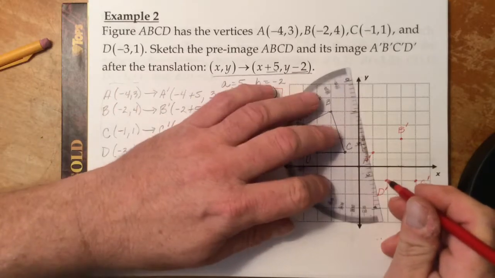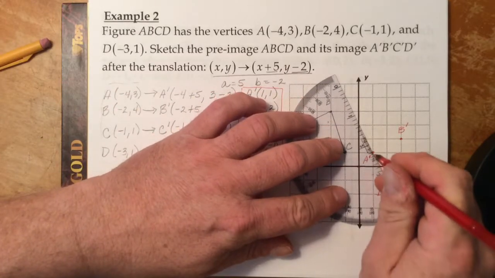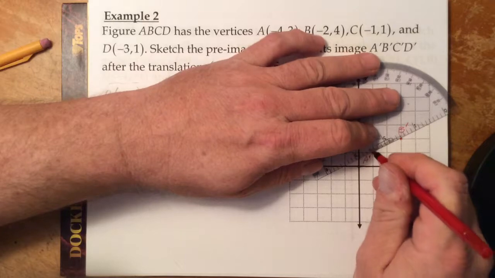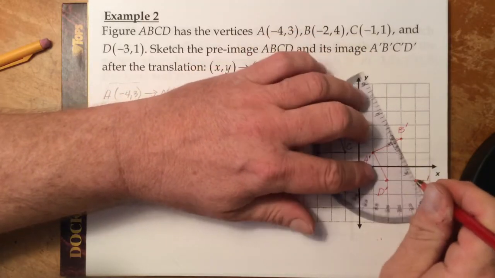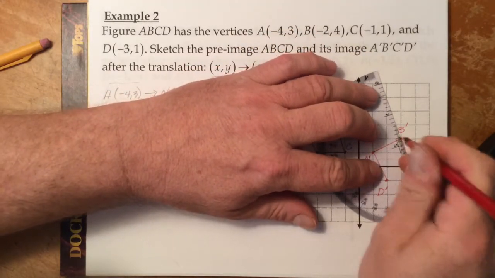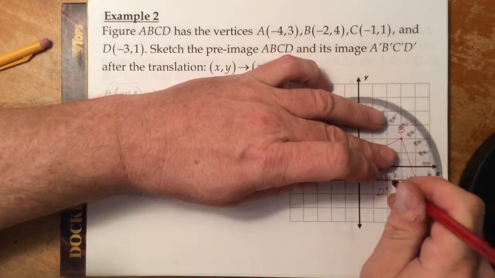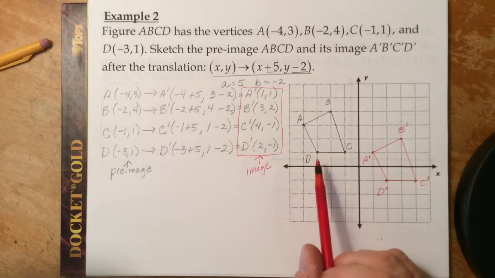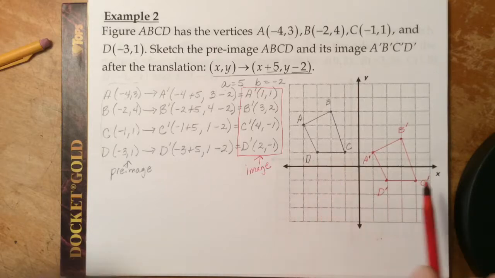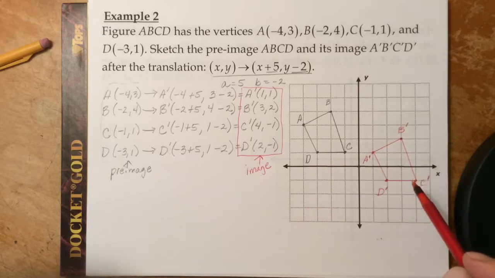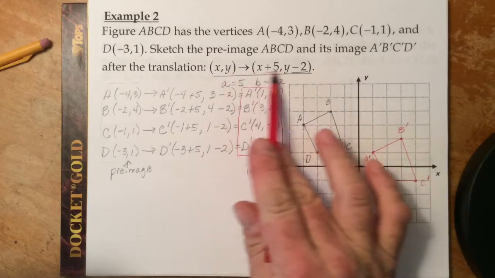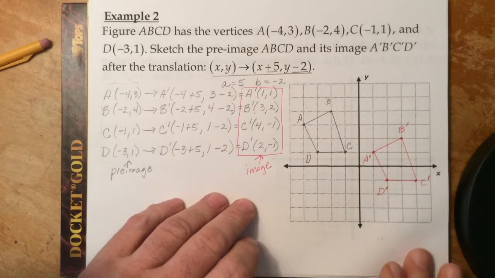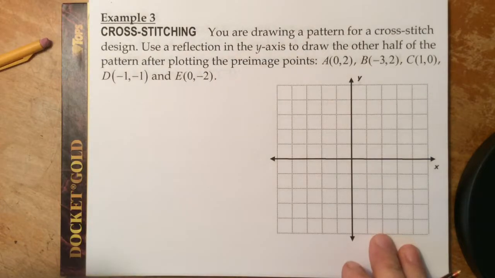Take a straight edge, and again, create the translated quadrilateral. So quadrilateral ABCD has been translated to quadrilateral A prime, B prime, C prime, D prime using this rule right here. Now attempt practice 2.